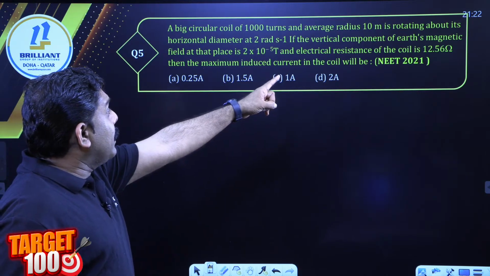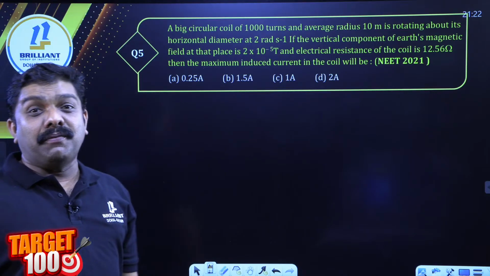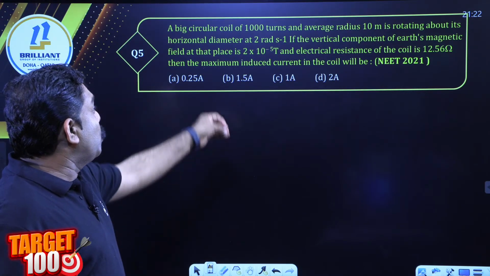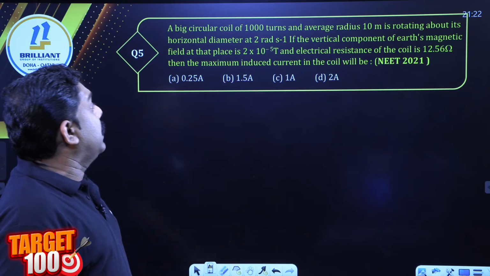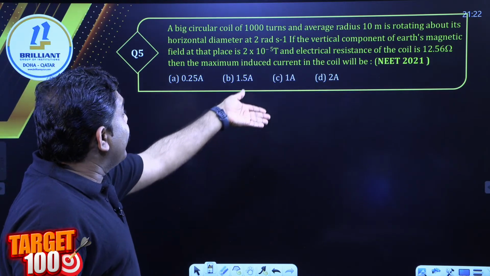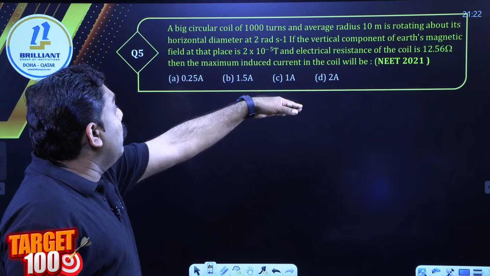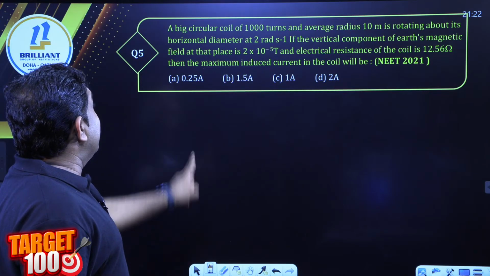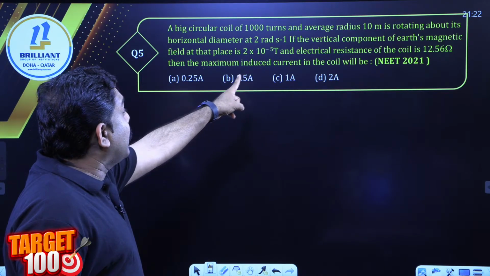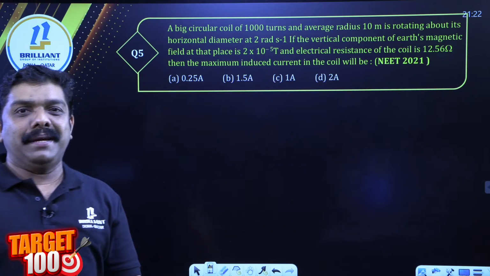If the vertical component of the earth's magnetic field at the place is 2 into 10 raised to minus 5 Tesla and electrical resistance of the coil is 12.56 ohm, then the maximum induced current in the coil will be.